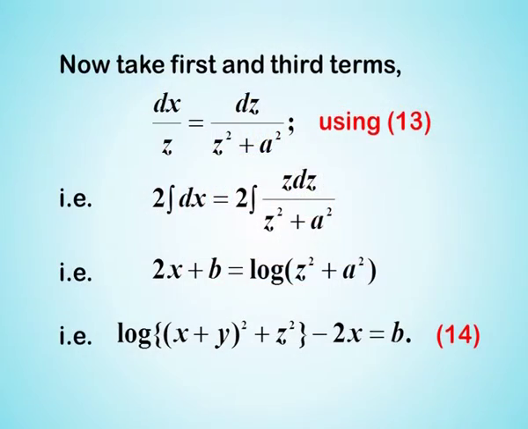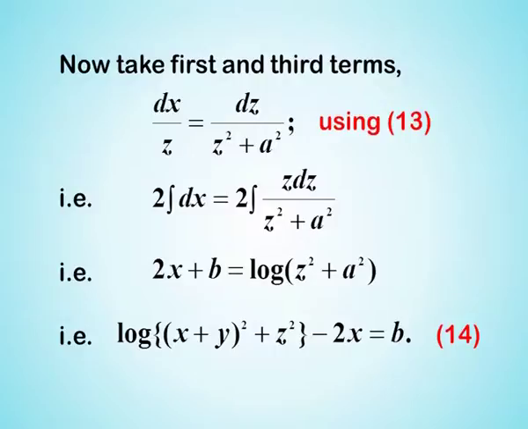Integrating it, I will get 2 times integral dx plus integral 2z dz upon z square plus a square. We get 2x, the integral of dx, the total differential, is x, constant again is b, what we call constant of integration, and it will be log of z square plus a square. Do you recall how interesting it is to make the right hand side this way?